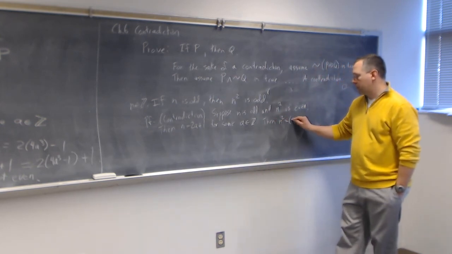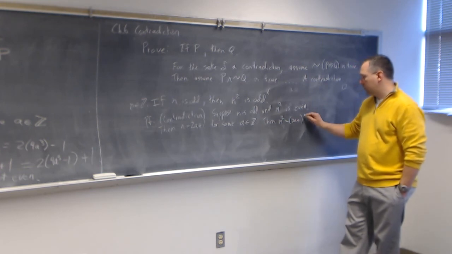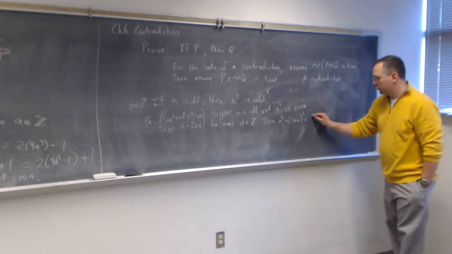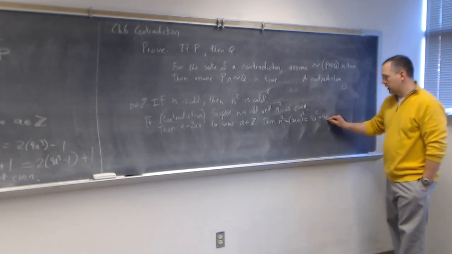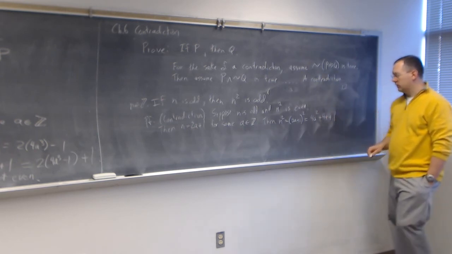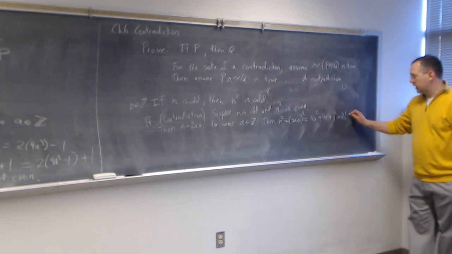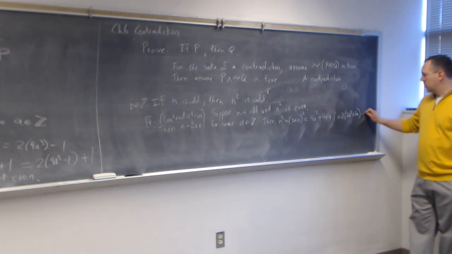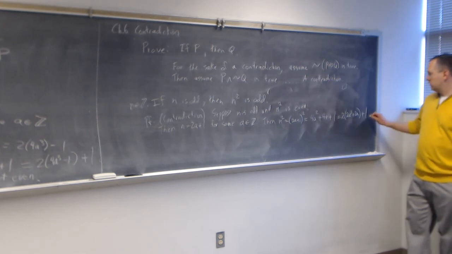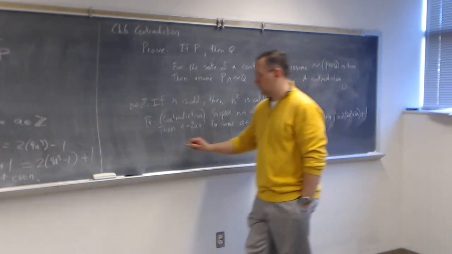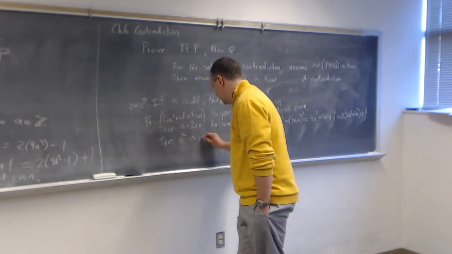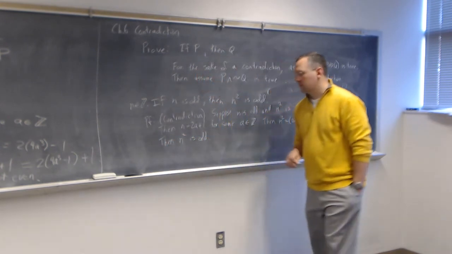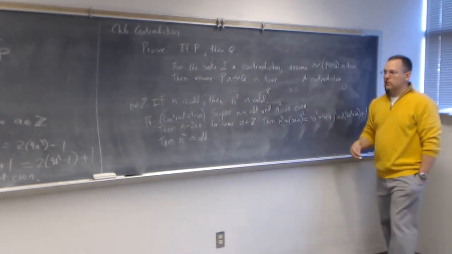You square it: n squared equals 2a plus 1, quantity squared, equals 4a squared plus 4a plus 1, which looks like 2 times 2a squared plus 2a, plus 1. Then n squared is odd. But we supposed n squared is even. That's a contradiction.